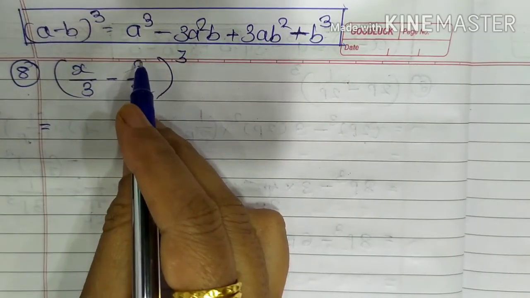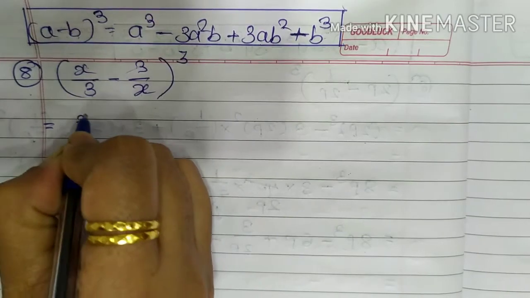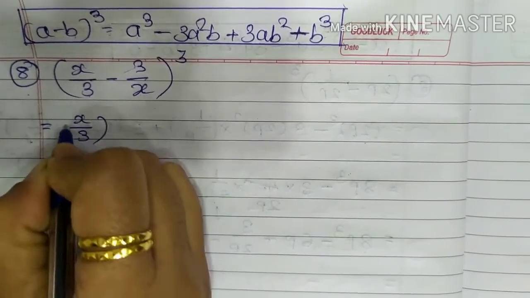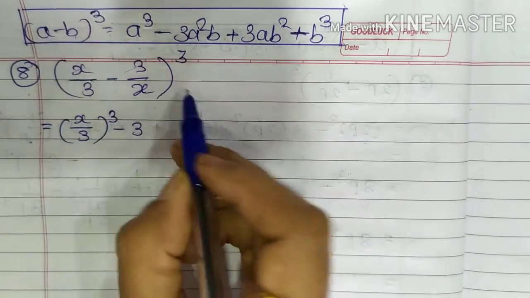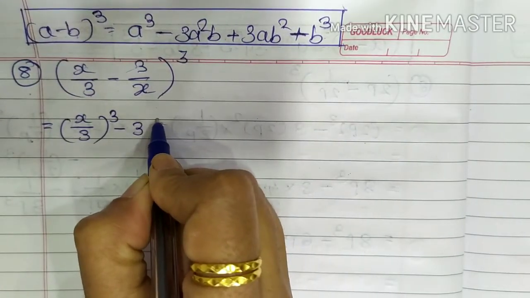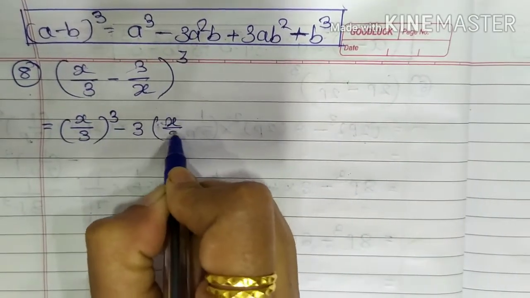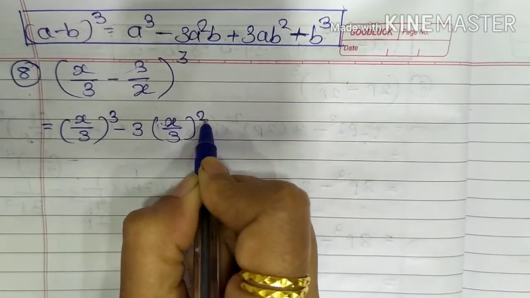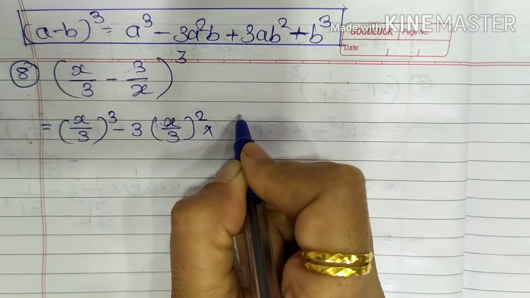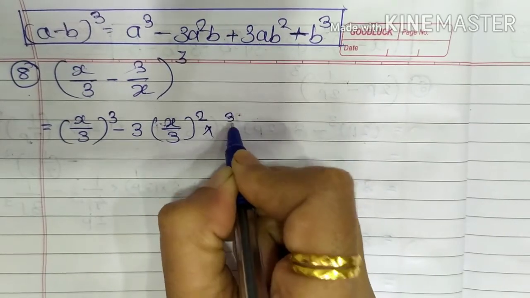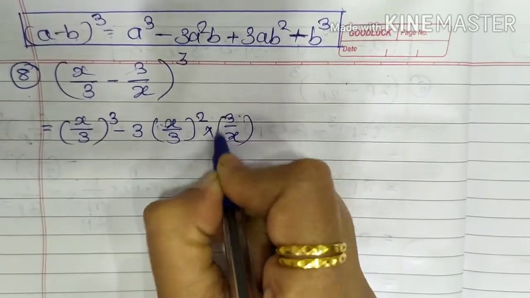cube of first term, (x upon 3) cube minus 3 into first term (x upon 3) square into 3 upon x.